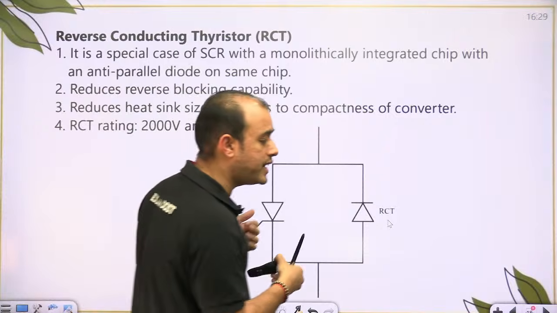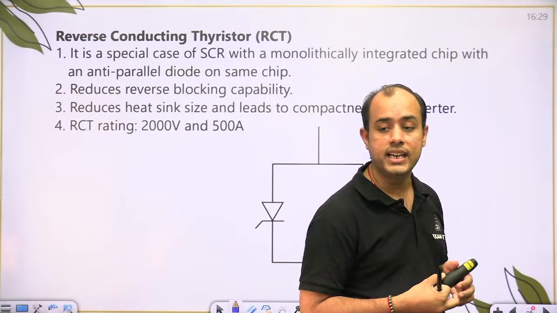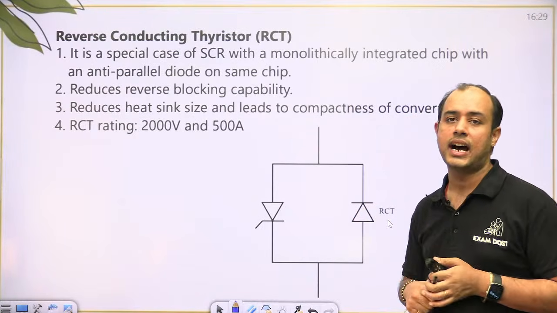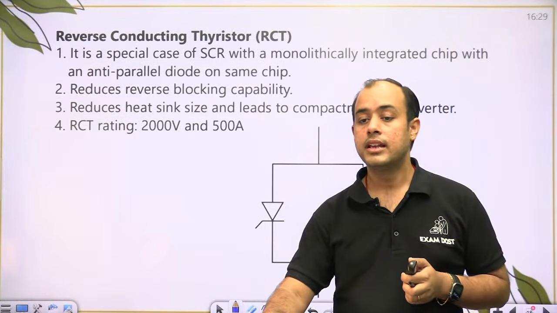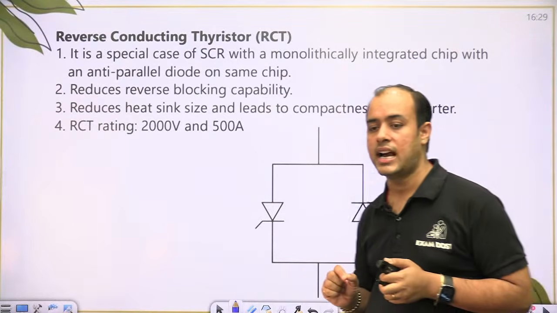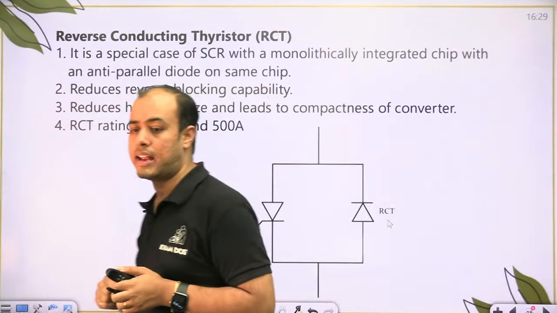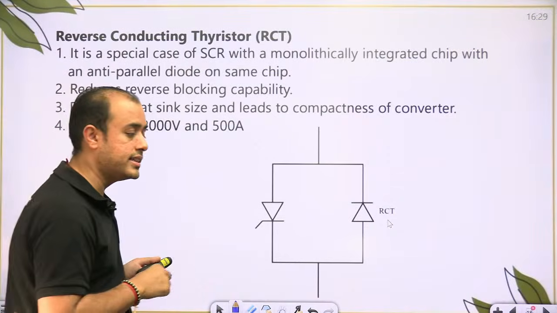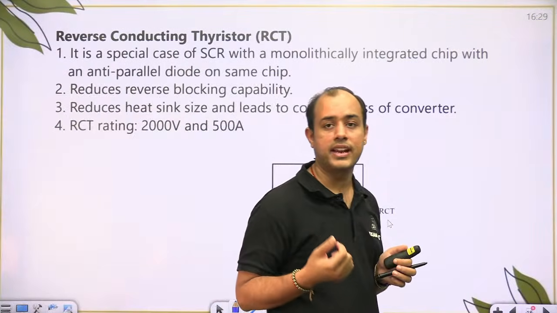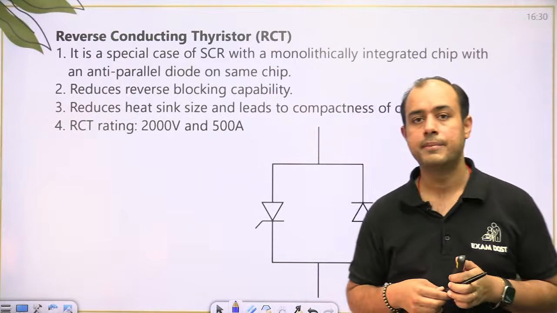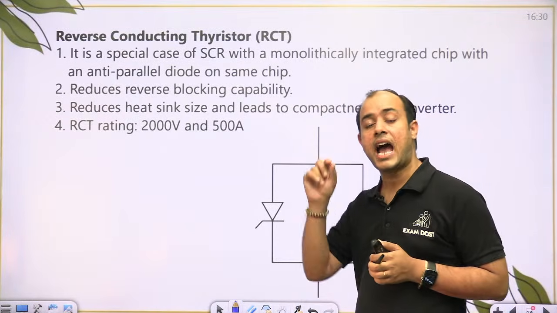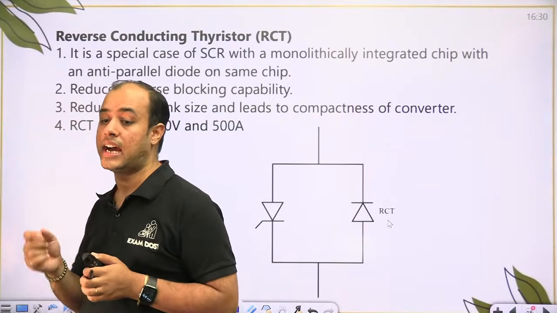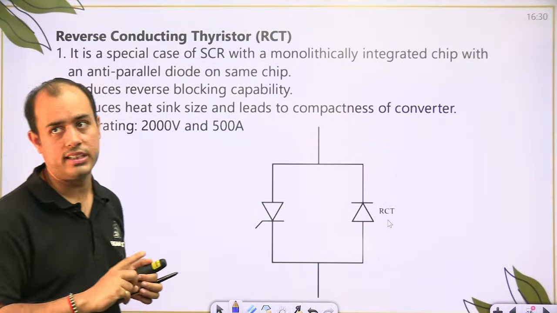Just like MOSFET has a body diode, here also you are creating an integrated circuit along with an anti-parallel diode. Now because of the anti-parallel diode, the reverse blocking capability is reduced. That means the device cannot block reverse voltage. But it will be used in applications where we need a reverse or anti-parallel diode like a voltage source inverter.